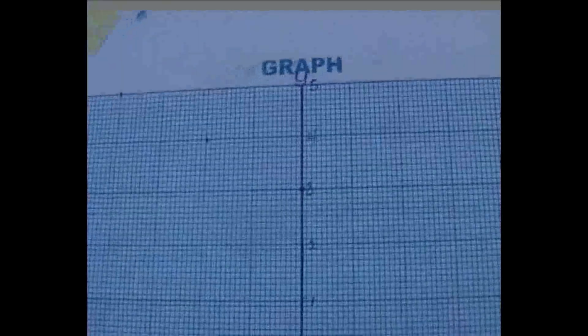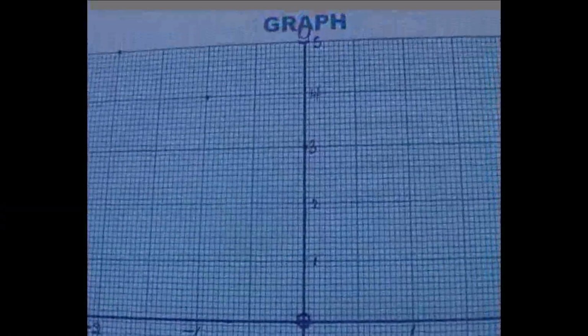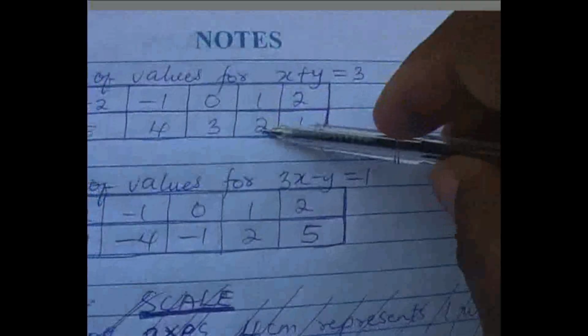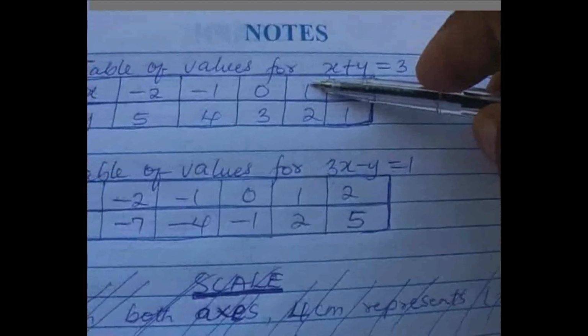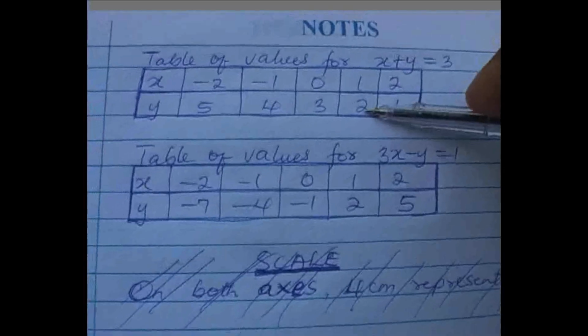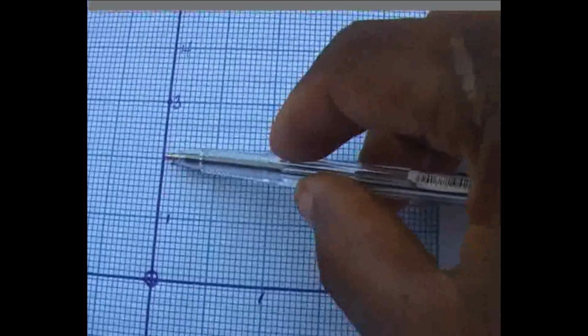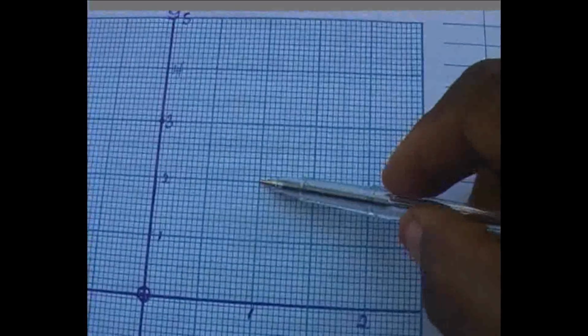The next value is 1 and 2. 1 for the value of x and 2 for the value of y. So the two lines meet here. So you're going to put the next point at this place. So put it.